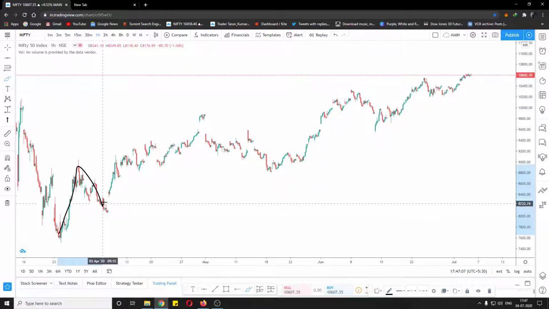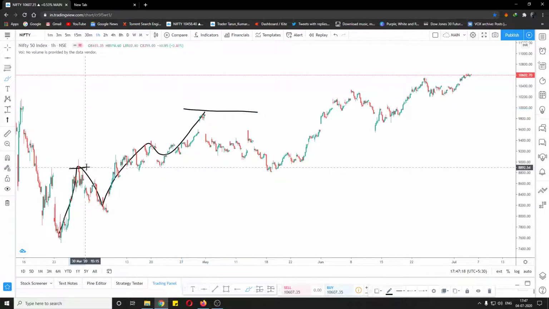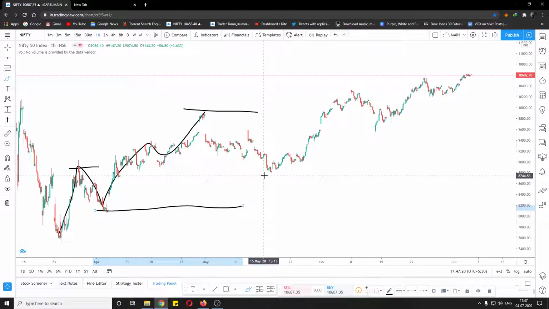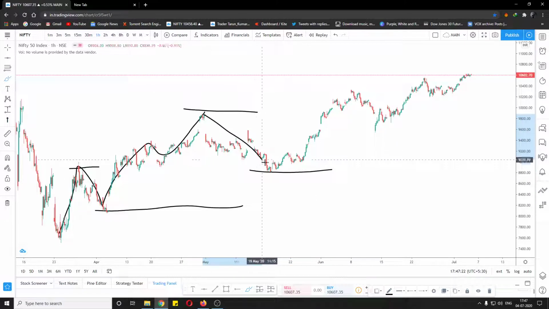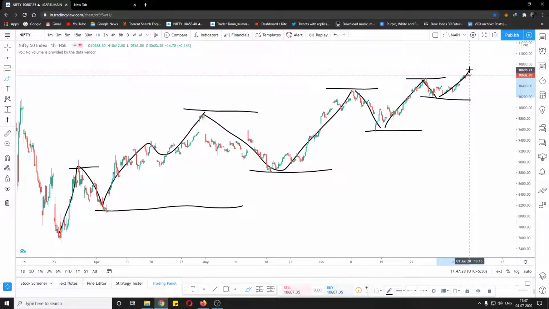So this is a high, then this high continues till this point. So this is a high, this is a high, this is a low, this is a low. Now this is a high, this is a low, this is a high, this is a low, and the market just keeps on going up.